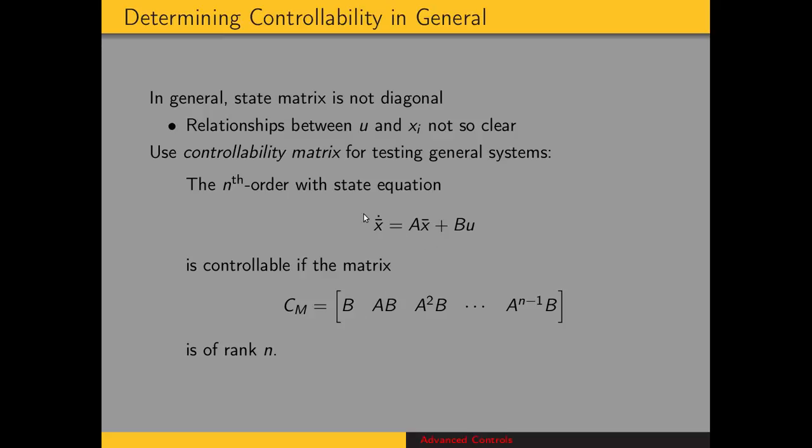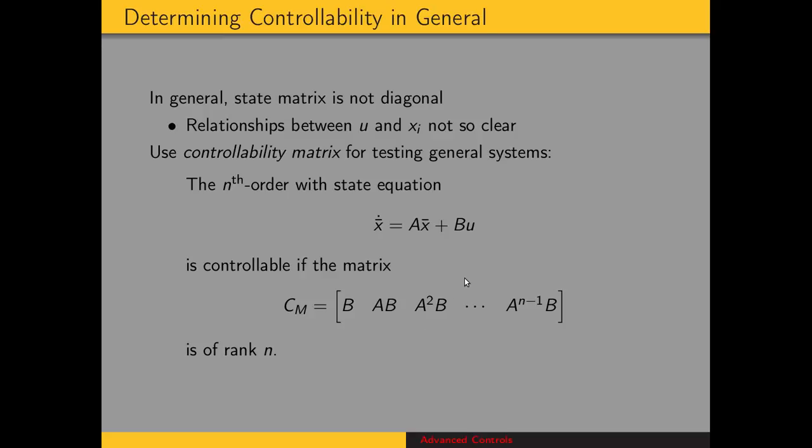This nth order system is controllable if this matrix has full rank, if it's of rank n. So this provides a means of verifying the controllability of any general system.